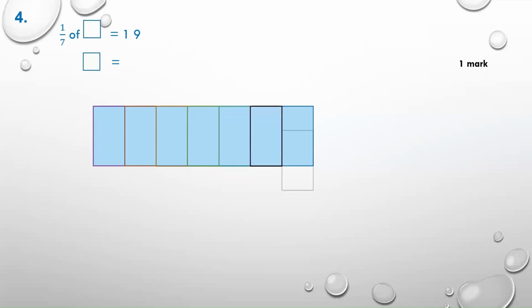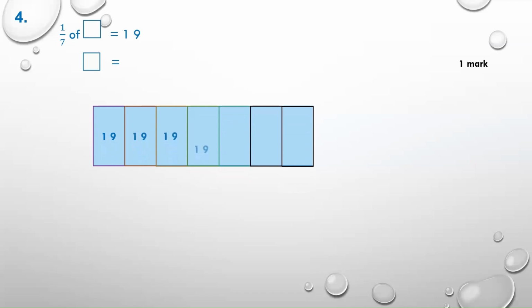So we have 1, 2, 3, 4, 5, 6, 7 parts. Try to put them in a little different color so you could see that 1/7 of this whole rectangle is equal to 19, which means one of these parts is equal to 19. That's 1/7, that fraction. And the other part is also 1/7, that's 19.